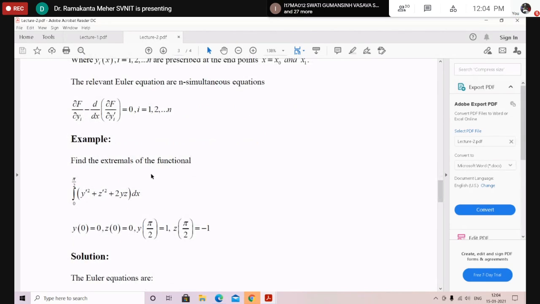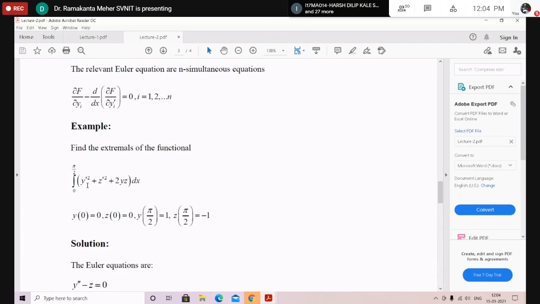Suppose we are taking an example here. Find the extremal of the functional, integral from 0 to pi by 2, of y dash square plus z dash square plus 2yz dx. Now the question is how to determine the conditions. The number of conditions depends upon the order of the derivative as well as the number of dependent variables.